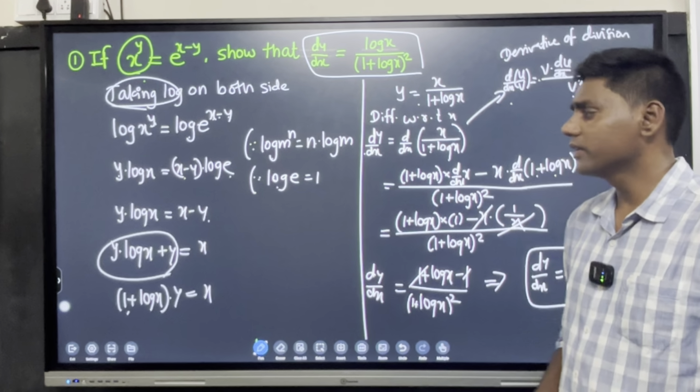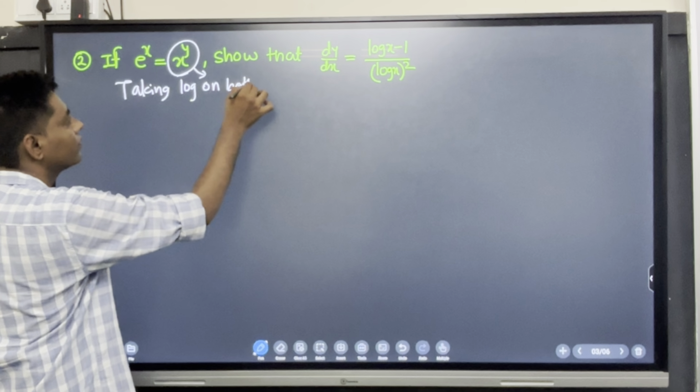This question is also similar, very easy for calculation. Again if we observe x raised to y, that is function raised to function. Remember, whenever there is a function raised to function, solve the question by taking the derivative. So the simple first step is taking log on both sides.